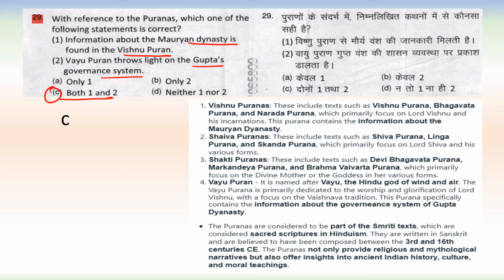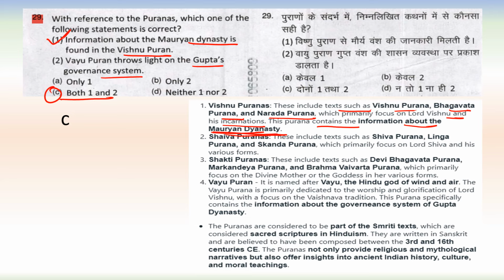Here you can see that Vishnu Puranas, these include texts such as Vishnu Purana, Bhagavata Purana and Narada Purana, which primarily focus on Lord Vishnu and his incarnations. This Purana contains the information about the Mauryan dynasty. So from here, the first statement is correct.